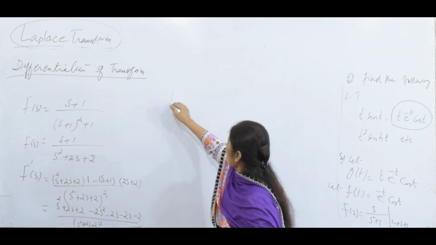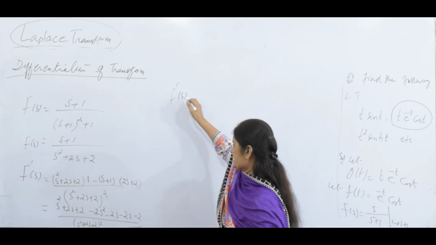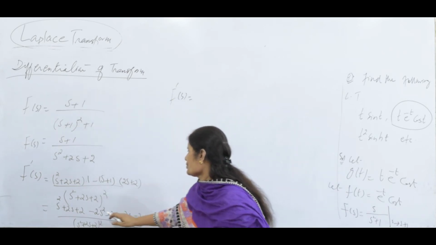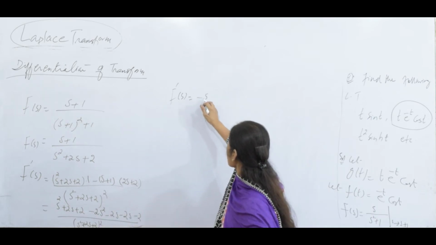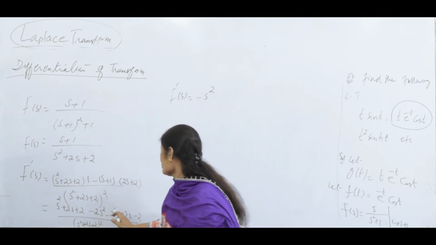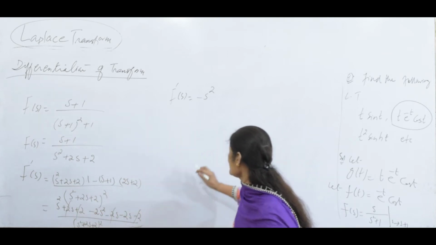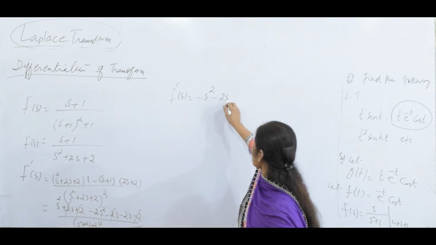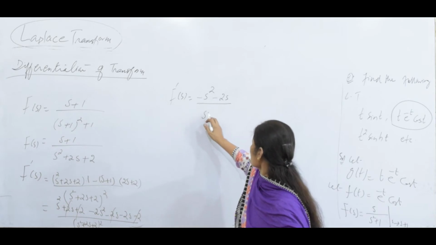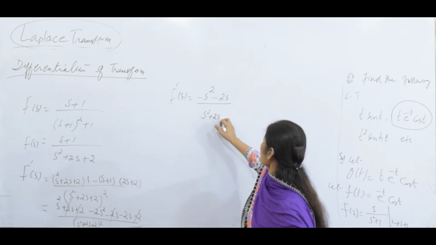It means F dash s is equal to s square minus 2s square is minus s square, plus 2s minus 2s goes, plus 2 minus 2 goes, and you are left with minus s square minus 2s over s square plus 2s plus 2 whole square.